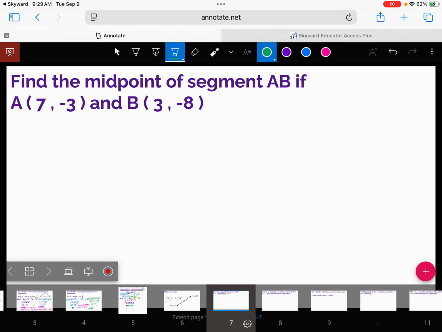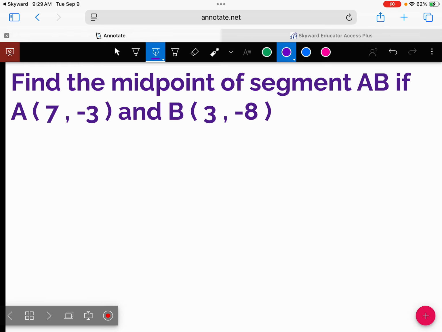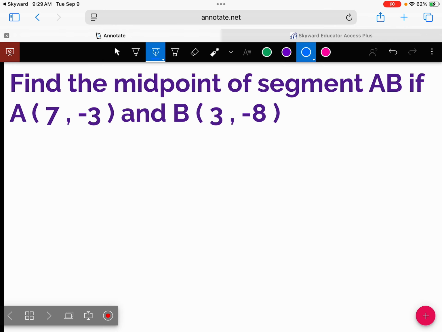So now we're going to actually find the midpoint of this segment here. So we're given that A is 7, -3, and that B is 3, -8. And we want to find the midpoint. So to find our midpoint, we're going to take the x's and average them. So I'm going to take my x of 7 plus my x of 3 and divide by 2. 7 plus 3 gives me 10, divided by 2.